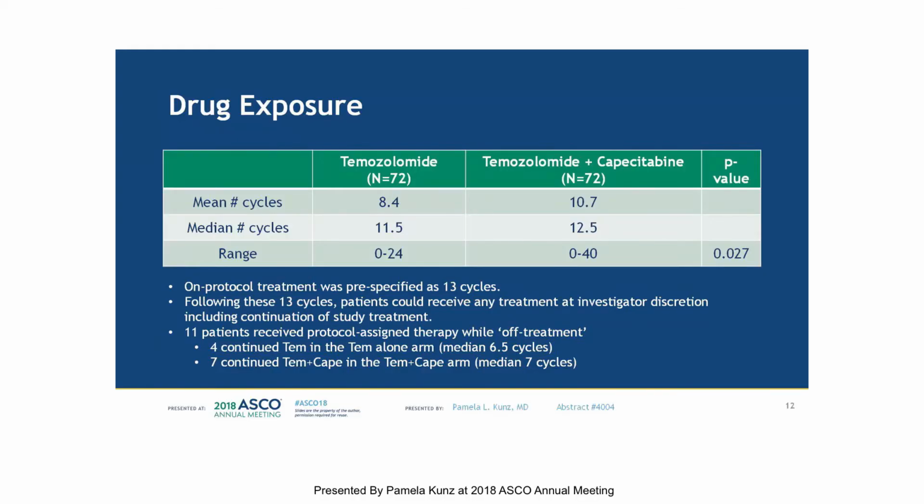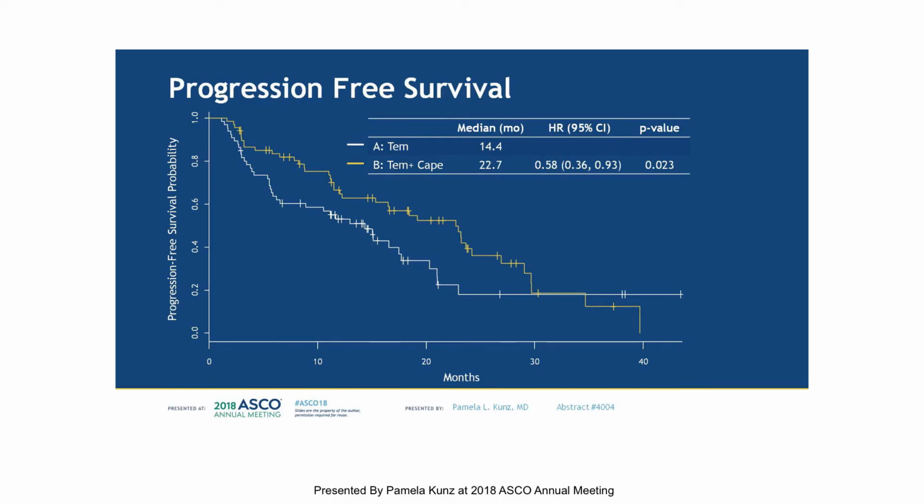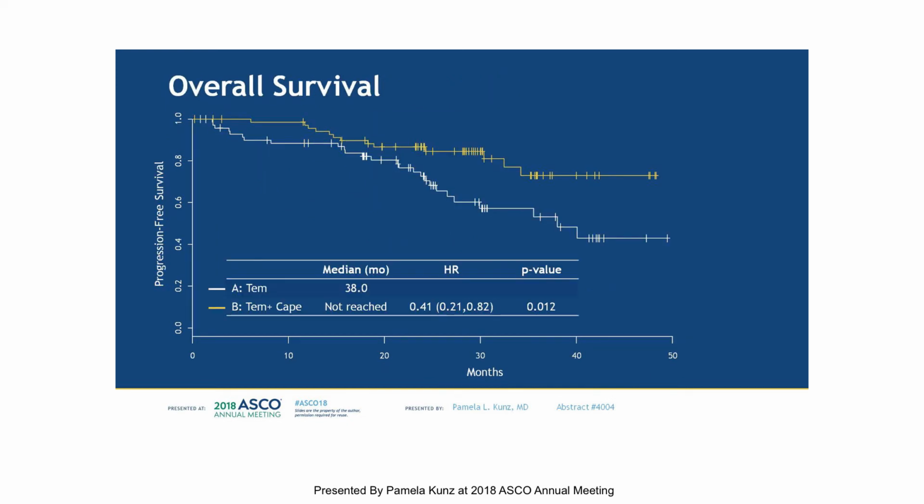Patients were actually able to complete a surprising number of cycles of chemotherapy, and we saw an improvement in progression-free survival. The overall survival looks interesting, but I will caution you that those are not statistically significant. Although the graphs separate, that doesn't mean it's enough for us to say that there is a clear difference.